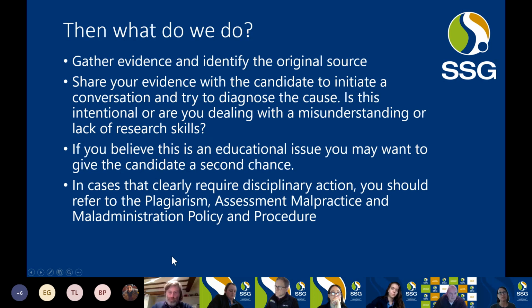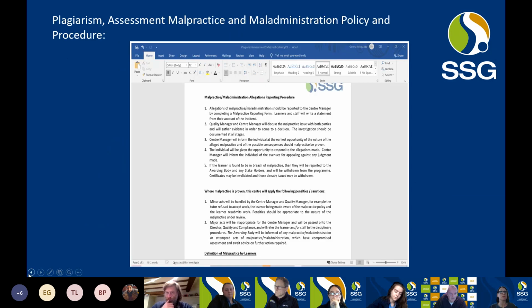But in cases that clearly require disciplinary action, you should refer to the plagiarism assessment, malpractice and maladministration policy and procedure at your organisation, which looks like that here. So I'm not going to read through the whole policy, but please make sure that you're familiar with it, and that you know where it is if you need it.